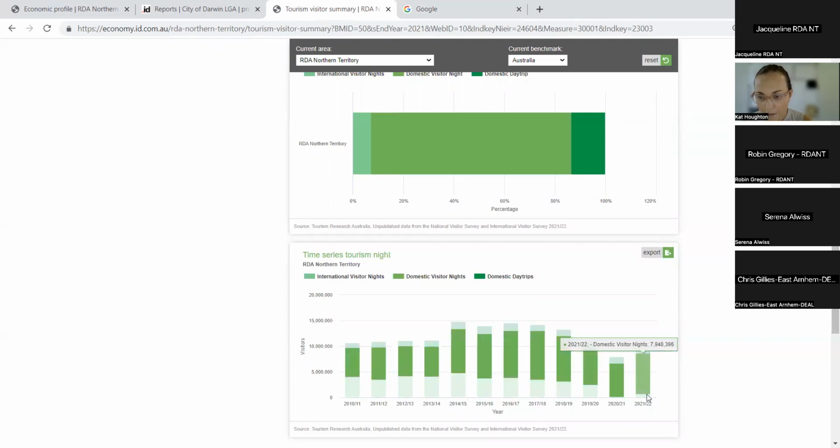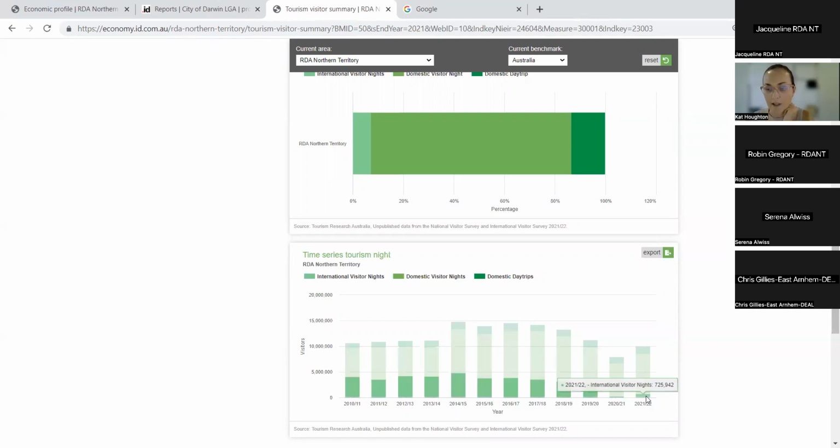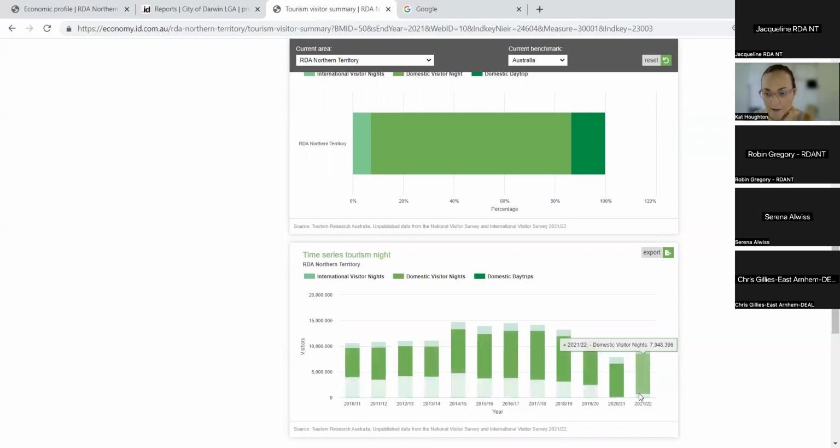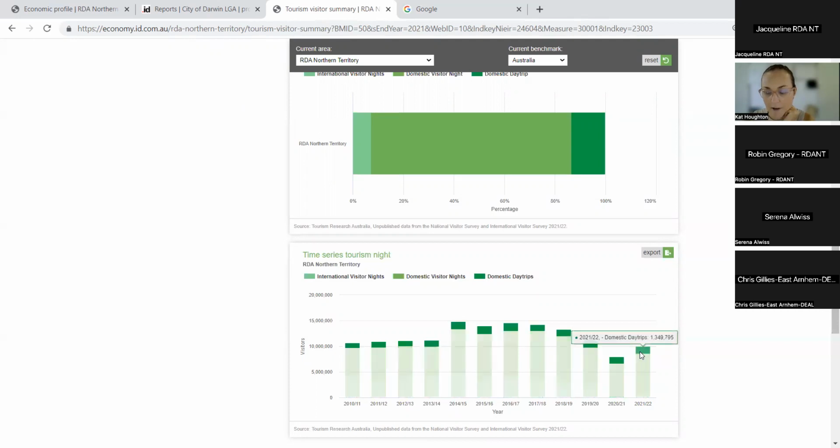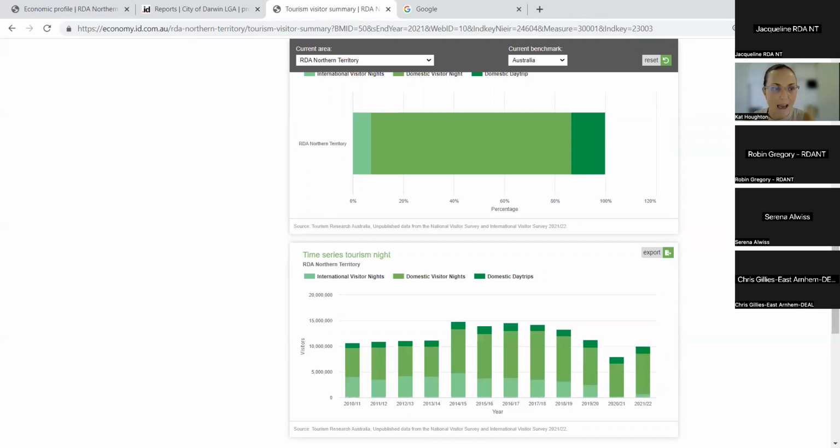We can see we've got some domestic day trips and a little bit of international coming back. So very much follows the same pattern to what we're seeing in lots of other localities at the moment. So that domestic visitor nights is really what is driving the extra value in the community.